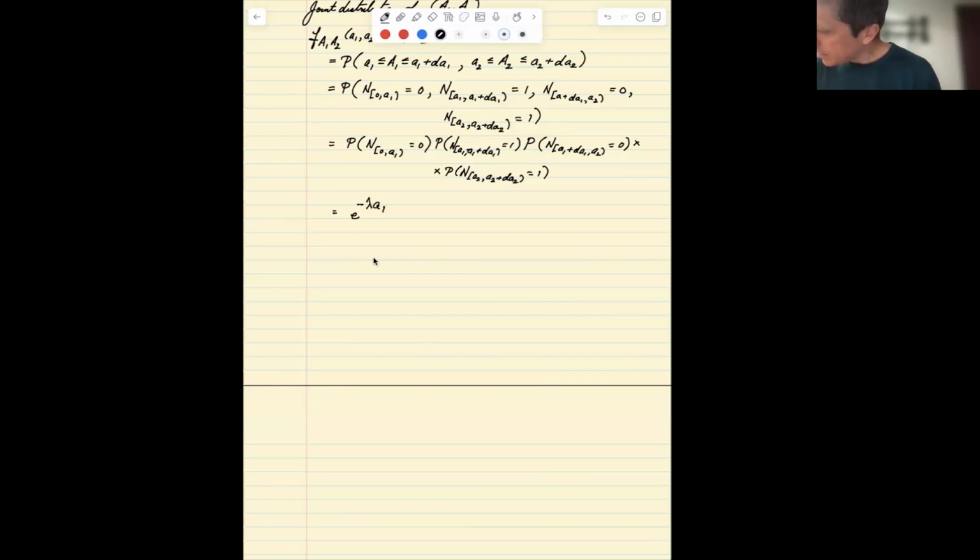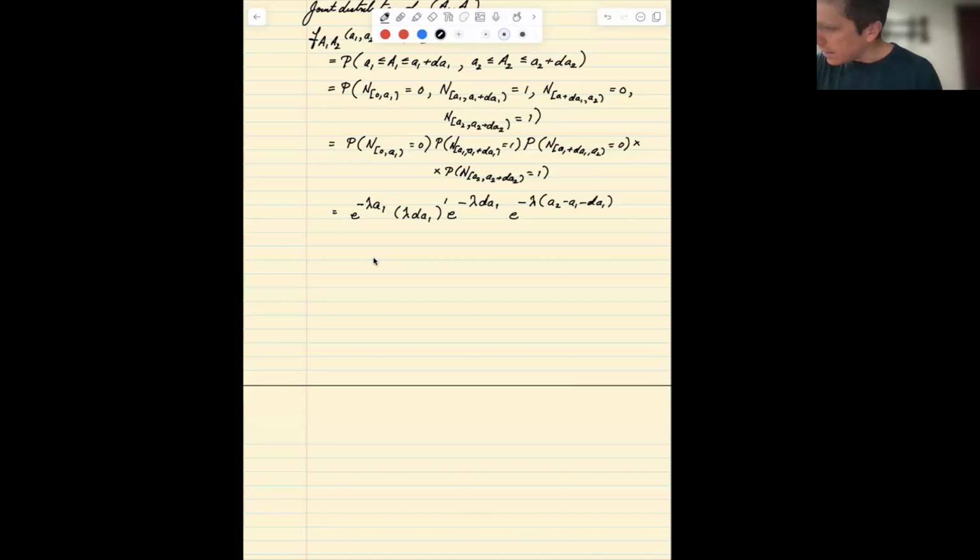Then the probability of 1 is lambda dA1 to the 1 e to the minus lambda dA1 over 1. Then we have e to the minus lambda times the difference, a2 minus a1 minus dA1.